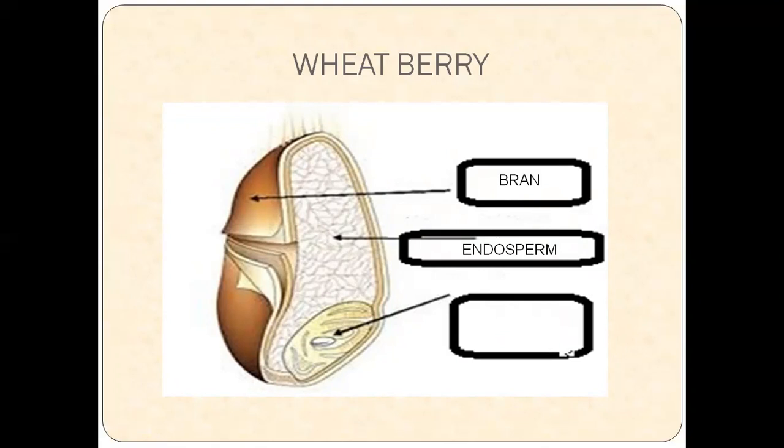One is protein in the form of gluten and is majorly responsible for the structure of bread. And the second one is carbohydrate, which in simple forms is starch and forms the main body. The third part of the wheat berry is the germ, which contains the plumule and the radicle and plays an important role in grain germination.